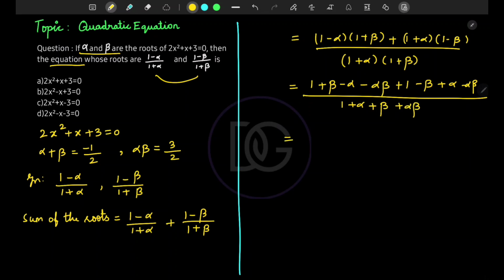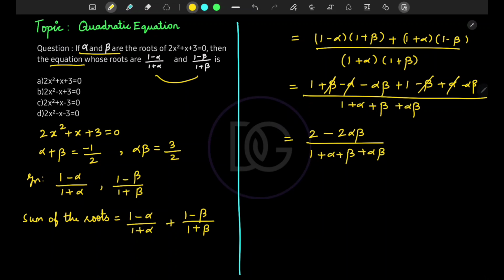In the numerator, beta, one is positive and another one is negative, just cancel those two. Likewise, alpha is also, one is positive and another one is negative. Finally, the remaining thing is 1 plus 1 is 2 minus alpha beta minus alpha beta, both are the same terms. So just add this up: 2 minus 2 alpha beta divided by 1 plus alpha plus beta plus alpha beta.